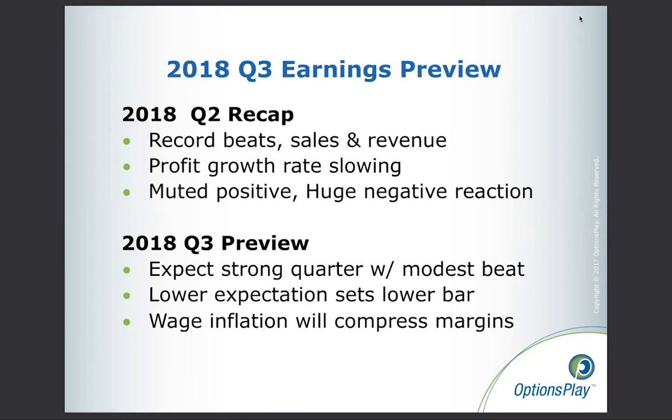Companies have to pay more to attract talent. This is causing some margin compression on company bottom lines. So this is something that we expect to see some impact, especially for companies that have large human capital or a large number of employees. So those are some of the things that we want to look out for in Q3.